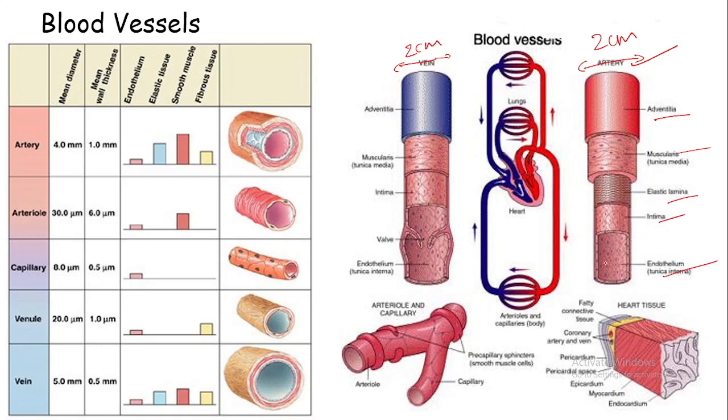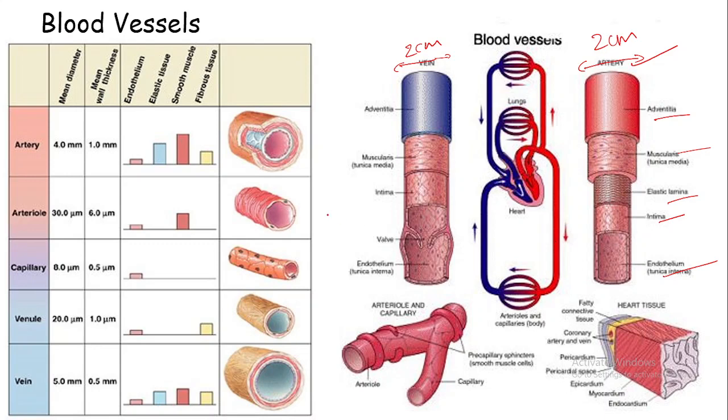Endothelium is made up of a single layer of squamous epithelial cells, which is also called tunica interna. Muscularis is called tunica media, and adventitia is tunica externa. All right. So these are the layers that a blood vessel is composed of.